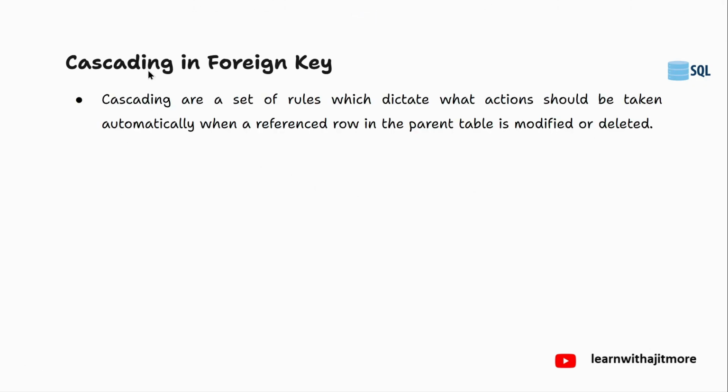Now, in detail about these cascading rules we'll talk, and then I'll give you the demonstration also of these cascading rules. So, what are cascading rules? Already I told you.